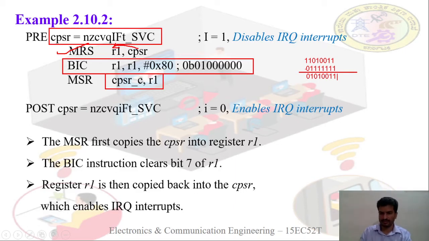We do it from the LSB: 1 and 1 is 1, 1 and 1 is 1, 0 and 1 is 0, 0 and 1 is 0, 1 and 1 is 1, 0 and 1 is 0, 1 and 1 is 1, and 1 and 0 is 0. This is the content of the R1 register after executing the BIC.